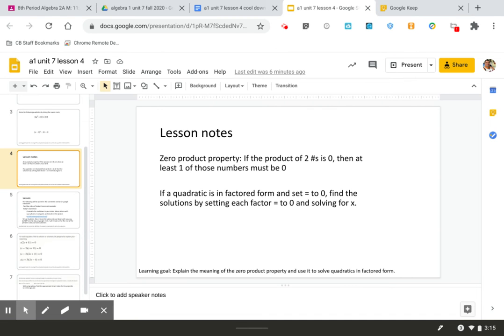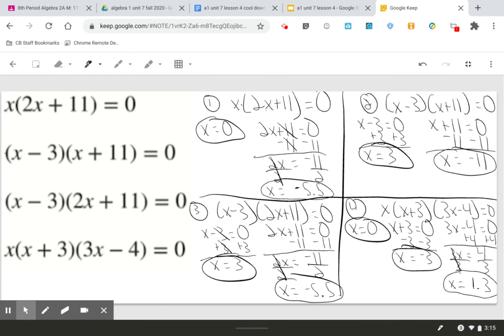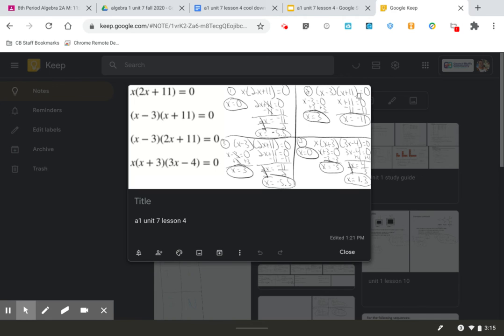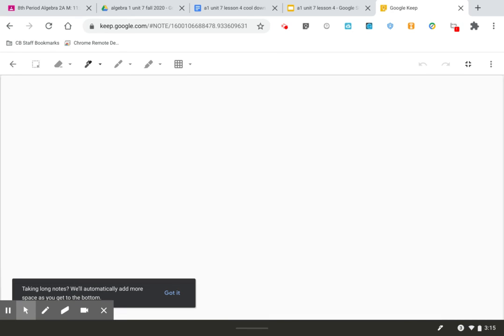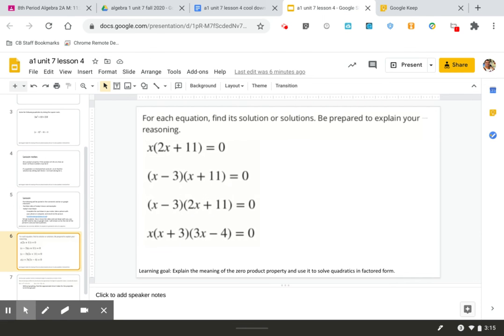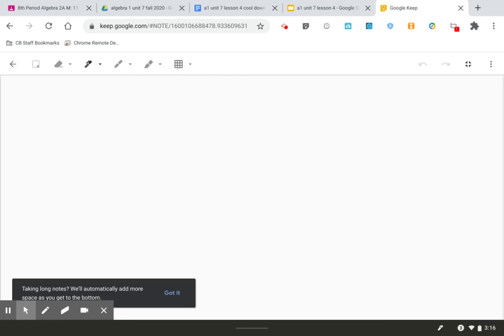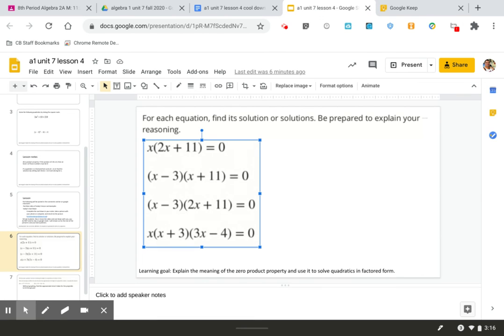One thing I want to make absolutely clear with this, I mean, yes, this is fairly simple, but this trick only works if the equation is set equal to 0. So for example, let's add another drawing here. If I had, to go back from before, x minus 3 times 2x plus 11, that was the third example from before.